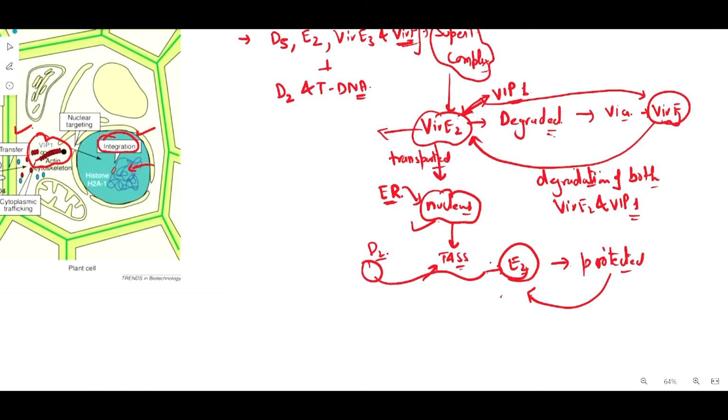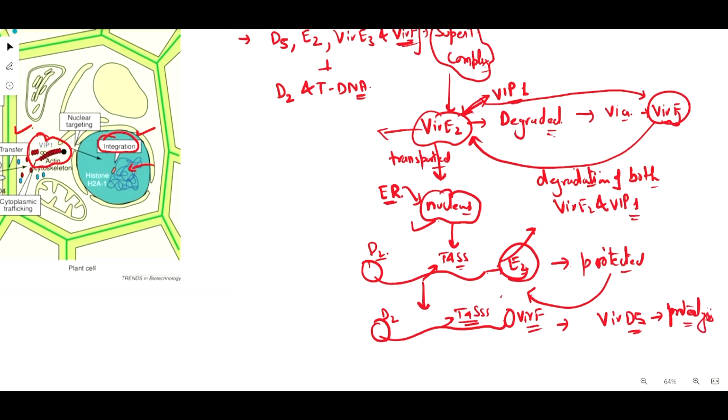When the VirE2 protein is degraded by the VirF protein, it is released from the T-DNA. So now we have the T-DNA with the VirD2 protein and the type 4 secretion system, and it has the VirF protein now. And this complex is protected by the VirD5 protein from the proteolysis.